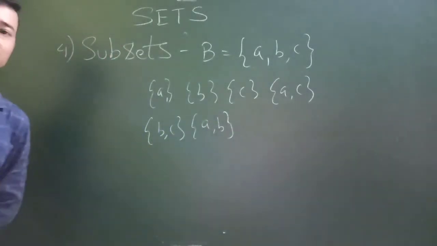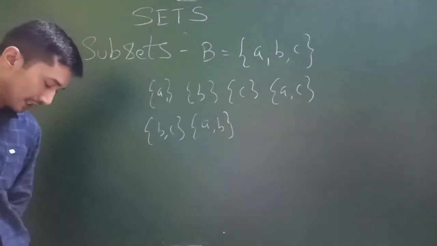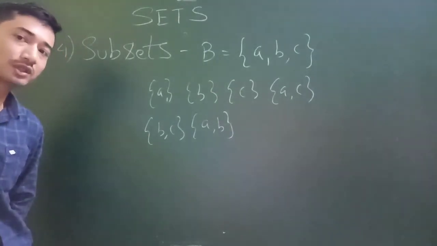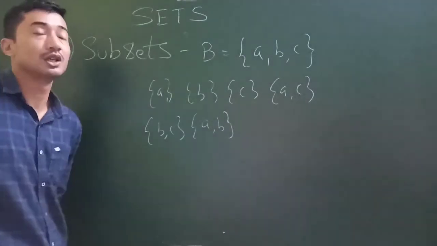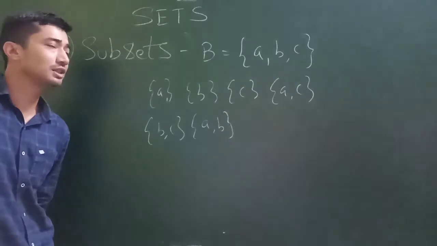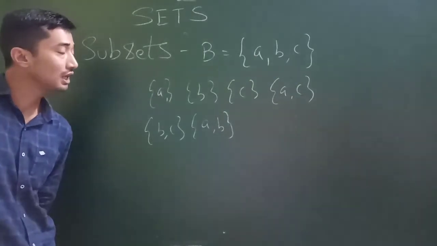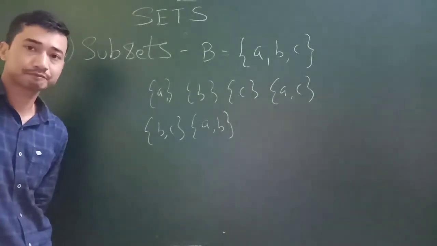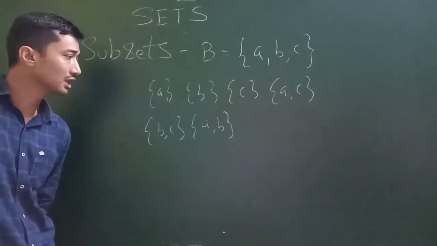These are all subsets, isn't it? Now it would be nice to know how many subsets we can make in total from any given set. Here we have got 6 subsets.